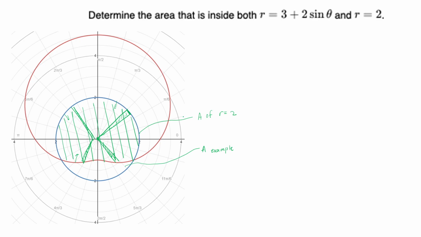So another method would be to determine the area of the red graph, entire area of r equals 3 plus 2 sine theta, and then subtract it with the area that we have solved in example number 2.